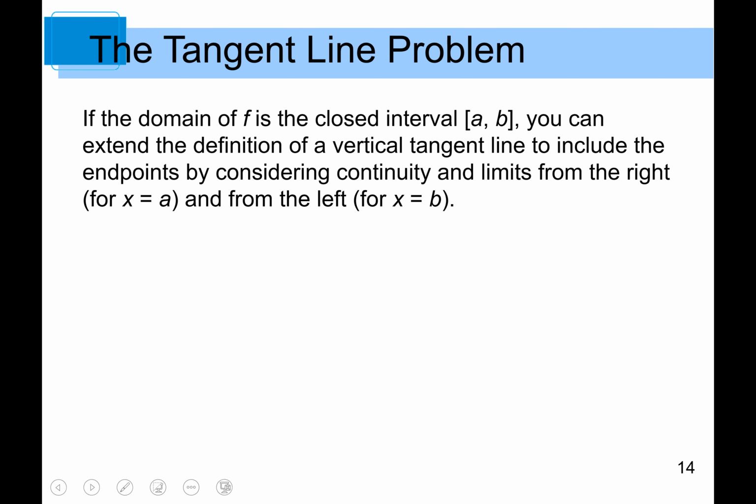So if the domain of f is a closed interval [a, b], you can extend the definition of the vertical tangent line to include the endpoints by considering continuity and limits from the right, x equals a, on the left endpoint.